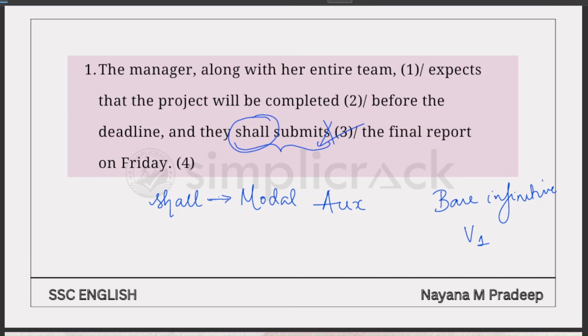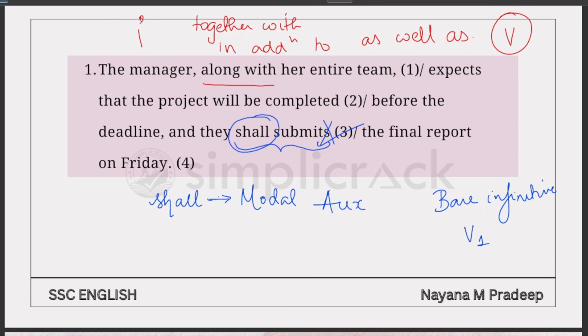When you look at the statement, you take note of the phrase "along with". We have studied certain phrases like along with, together with, in addition to, as well as, accompanied by, etc. We have studied that in phrases like these, we always have to use a verb that agrees with the first subject.